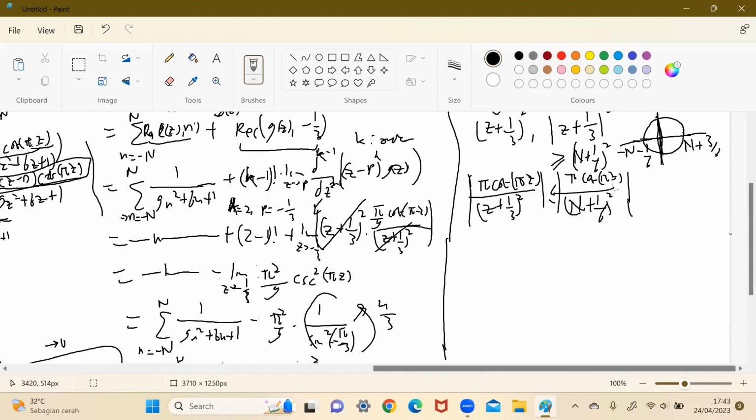However, we're in luck because this is actually not a new thing. Some people have solved it. It's on Stack Exchange. I'll give you a link about the boundedness of pi cot pi z on the disk.